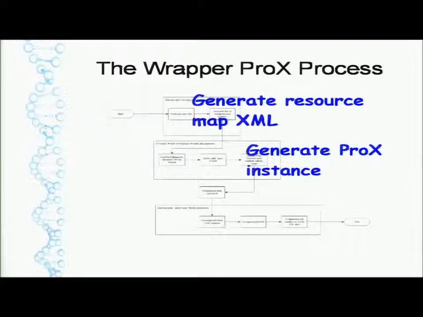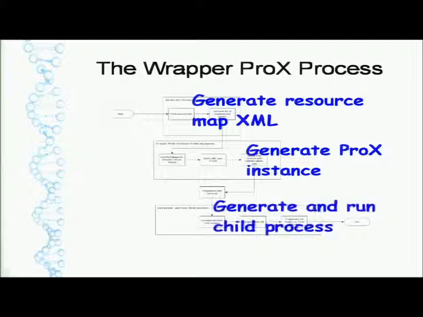I got this ProX instance, the document that describes this specific process. And then I converted the instance. I did some manipulation to it to replace stuff with runtime values and that sort of thing, all from the resource map. And then I converted it to an X query and ran that X query and returned the results.